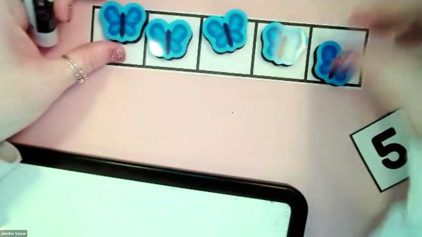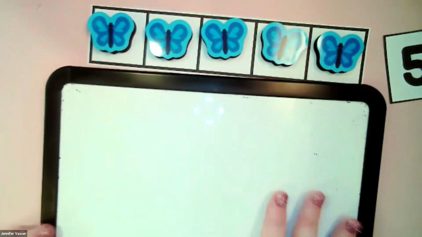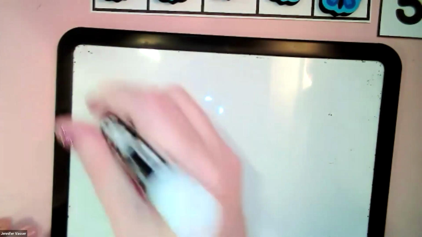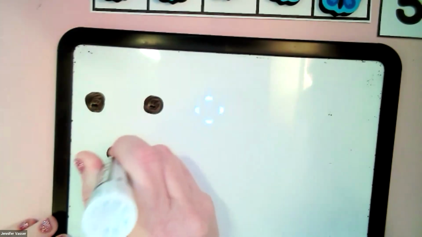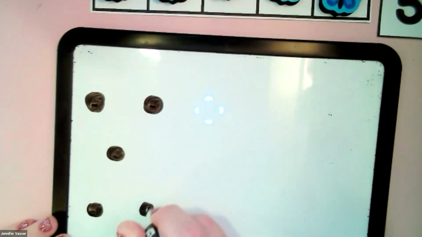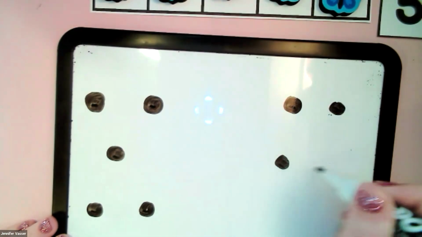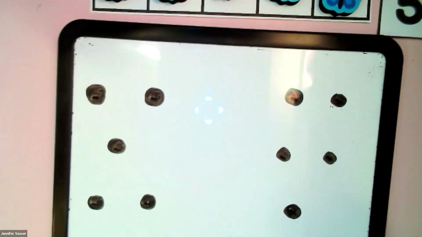I have a question for you, my friends. If I were to draw 5 dots like this, and then 5 dots again like this, did my number change?